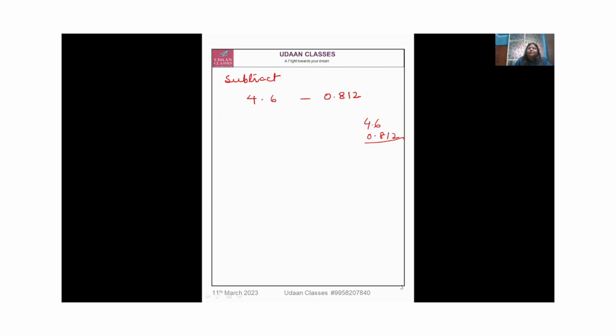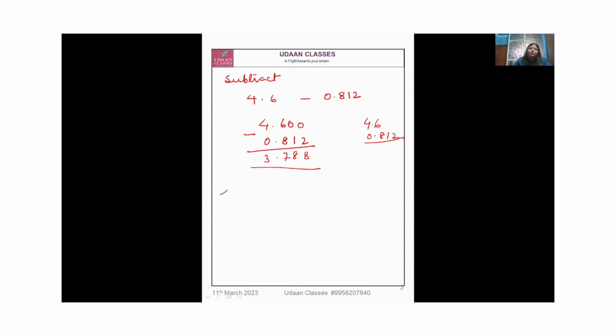So you have to make it 4.600 to make it like, and then 0.812, and then subtract them. I think you know how to subtract. 10 minus 2, 8. 9 minus 1, 8. Then 5 minus 8 again is not possible, so it will take 1. 15 minus 8 is 7, and this is 3. So 3.788 is the right answer.